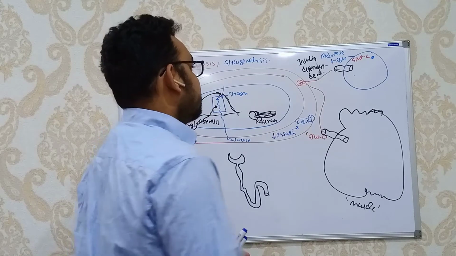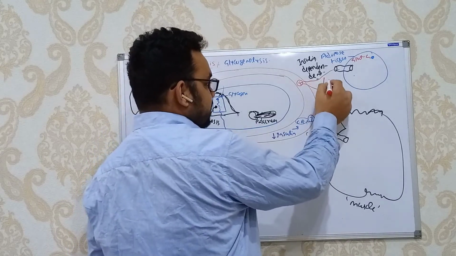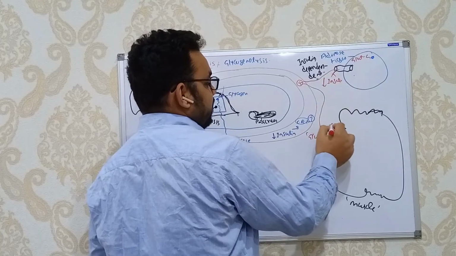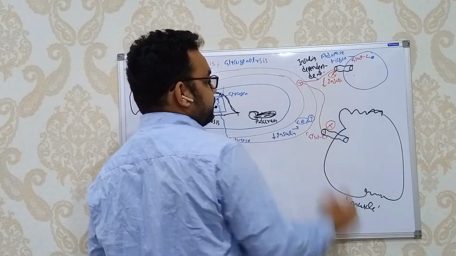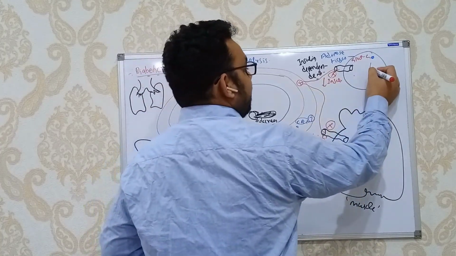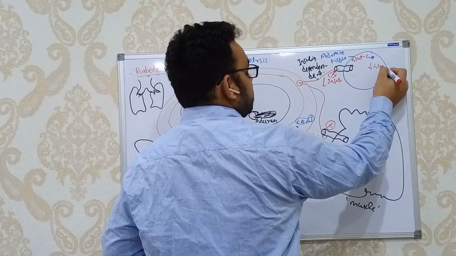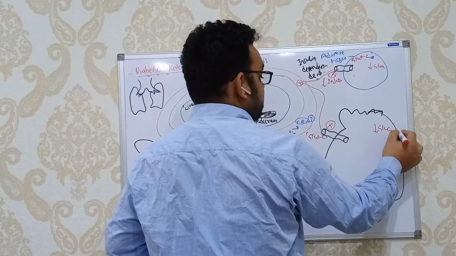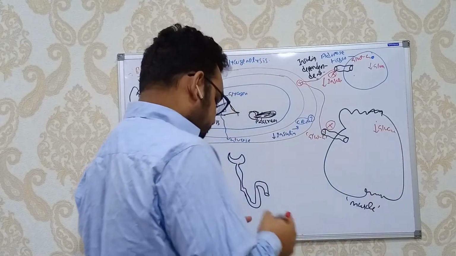But the problem is here, whenever there is severe deficiency of insulin, under those conditions they can't work well. So the amount of glucose here will also be low, the amount of glucose here will also be low.